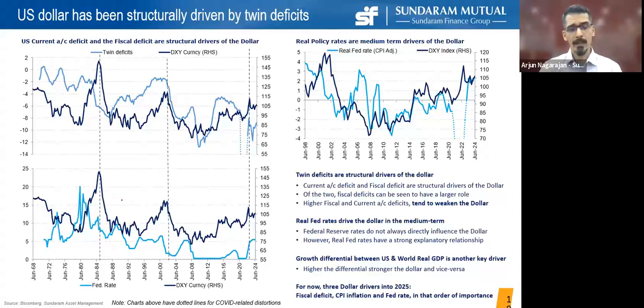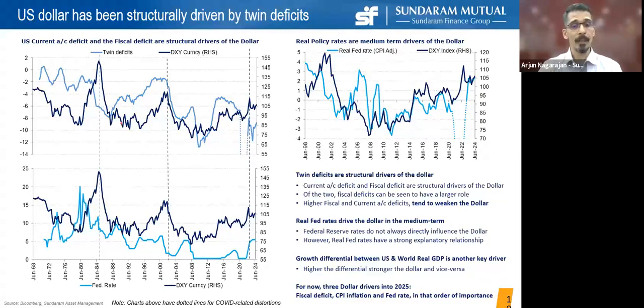The relationship with the dollar and twin deficits is whenever you see the fiscal deficit in the US increasing, a rising fiscal deficit, you generally tend to see weakness in the dollar. And when you have a phase where both the fiscal deficit and the current account deficit in the United States as a percentage of GDP are worsening, you tend to really see weakness in the dollar.